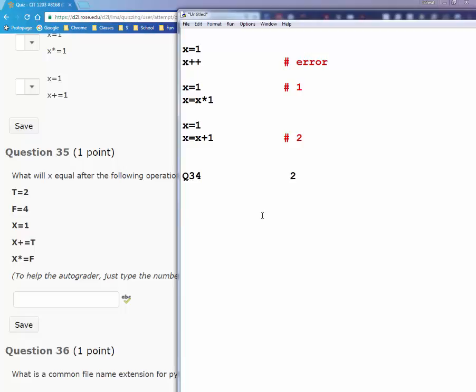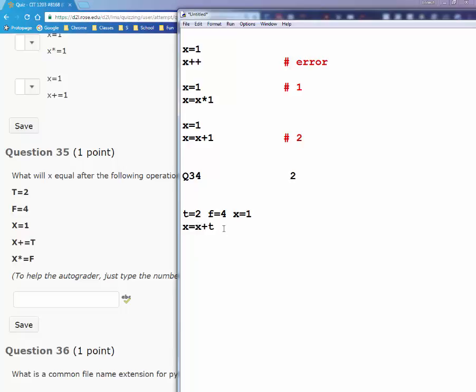So, for this one, if T is equal to 2, and F is equal to 4, and X is equal to 1, that means that by the time we start, T equals 2, F is equal to 4, X is equal to 1. Now that's not proper Python syntax, of course. X plus equals T. Well, we know now that that could be rewritten as X equals X plus T. So X was 1, we added 2 to it.